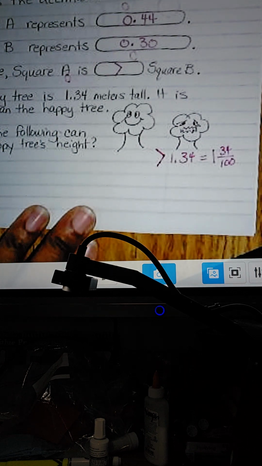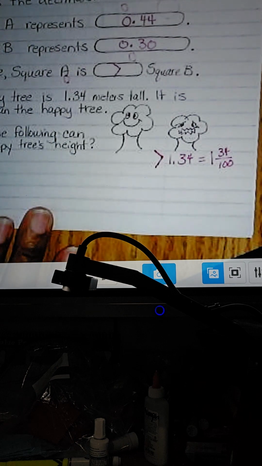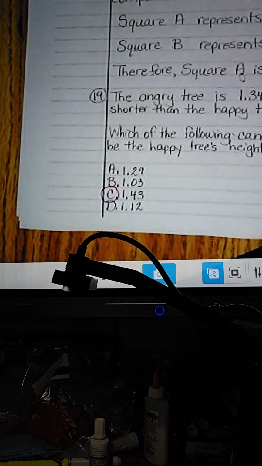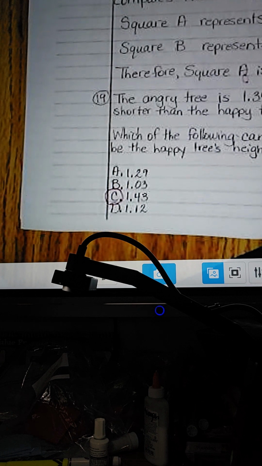Okay, McKinley. 1 and 43 hundredths. Very good. Okay, so when we compare them, we know that C is the correct answer. So read that carefully when you get your test so that you have the correct understanding of what it's asking for.